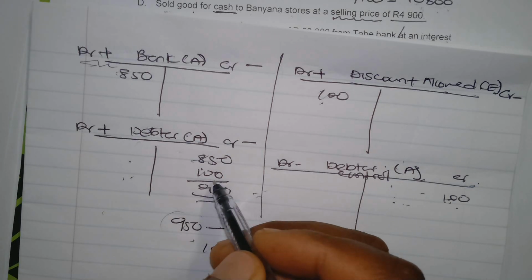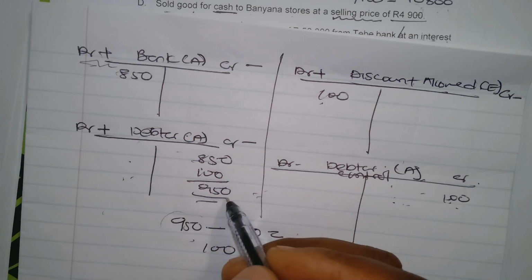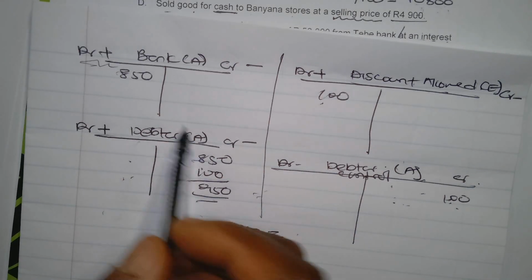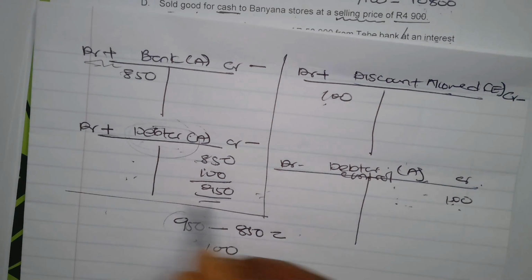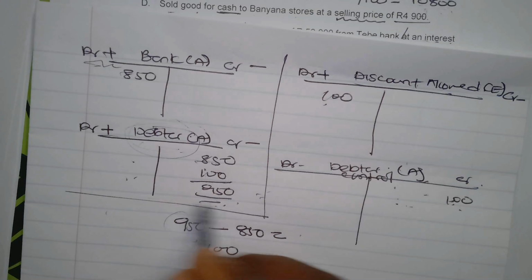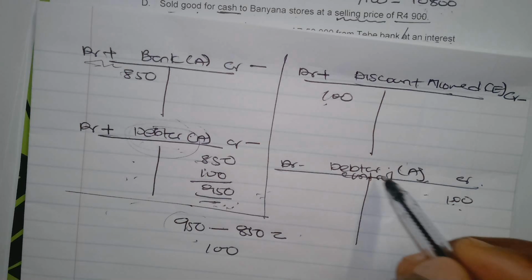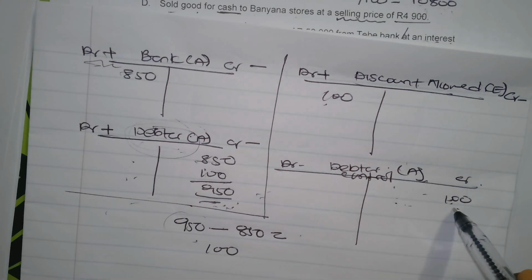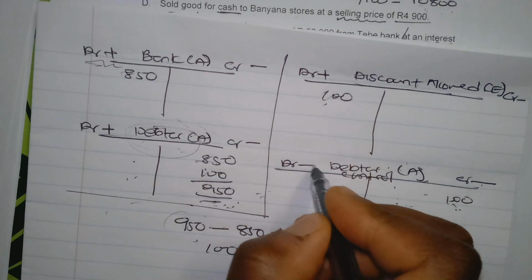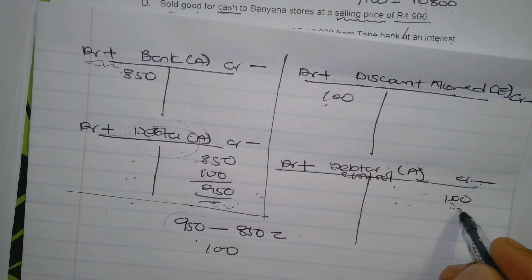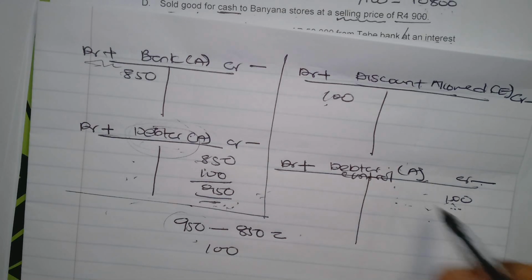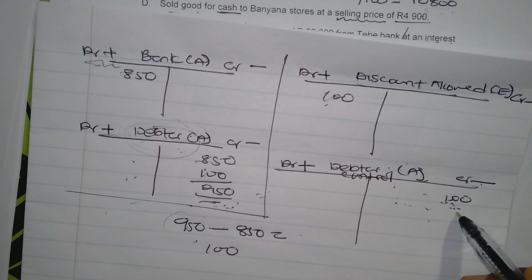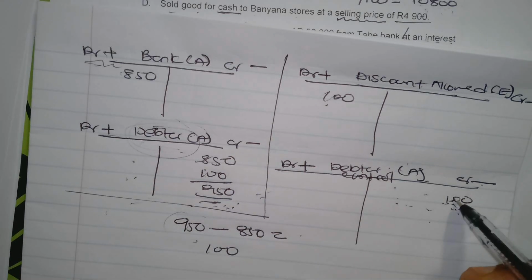Well, he's fine with it. So in actual fact, the debtor's account is now closed off. It doesn't need to be paid anymore. I don't owe that guy anymore. So that is why we are saying debtors control is credited by the amount of 100 rand. We are not saying bank, because we can't take out money. No, the guy settled the account in full.